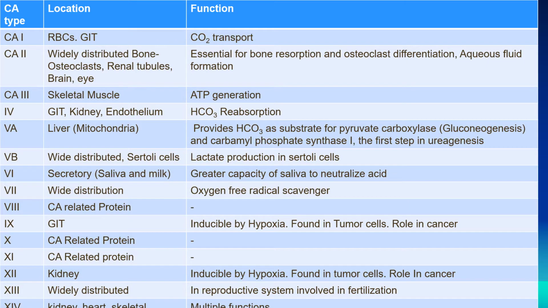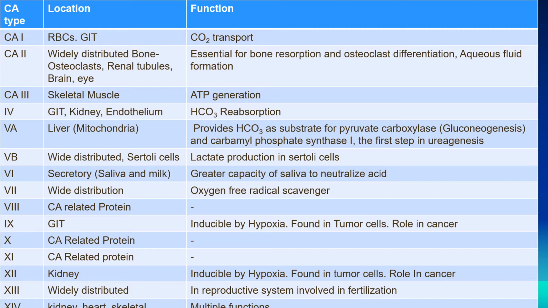So in all, if you look at carbonic anhydrase 1 to carbonic anhydrase 14, there are total 15 types of the carbonic anhydrases which are found in various body tissues. For example, type 1 is located in RBCs and GIT, and in RBCs it subserves the function of carbon dioxide transport.